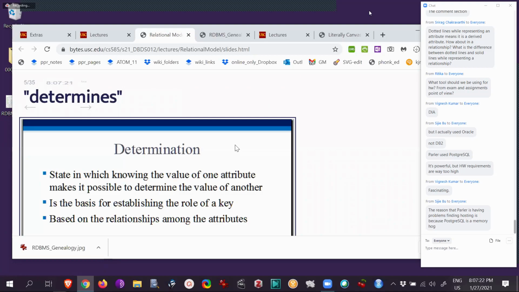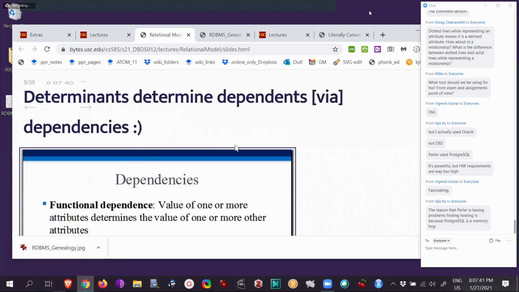You give me your student ID, I'll find out all your academic history. That concept of using just one little number to find out everything else about you is called determination, because all the other numbers are like dependent variables. In a way, you can calculate them, you can look them up. The only thing that is independent is the primary key. So this notion of determination, I'll go through all this again. The determinant is the key.